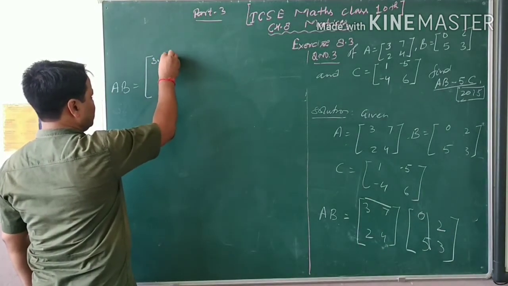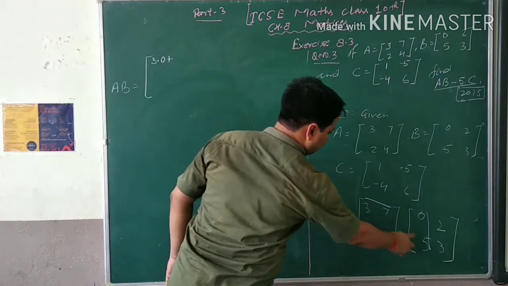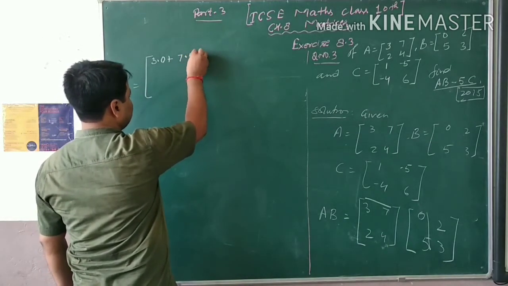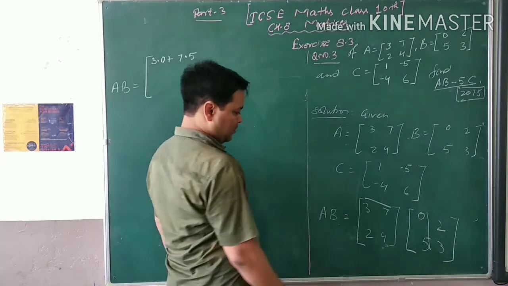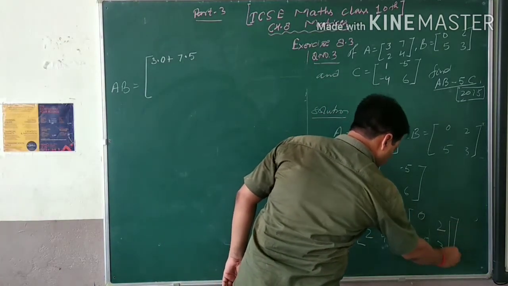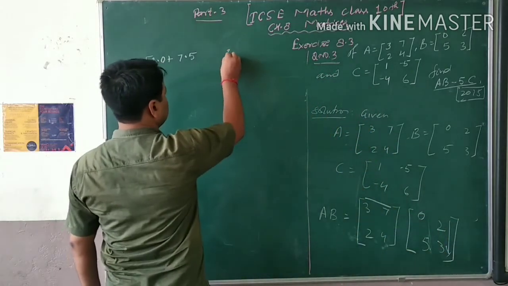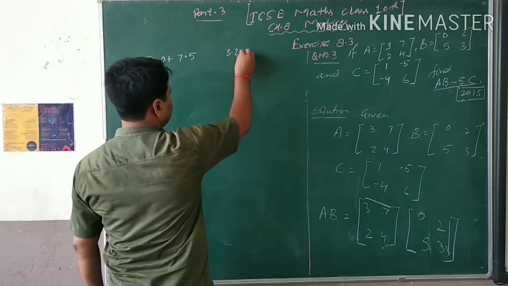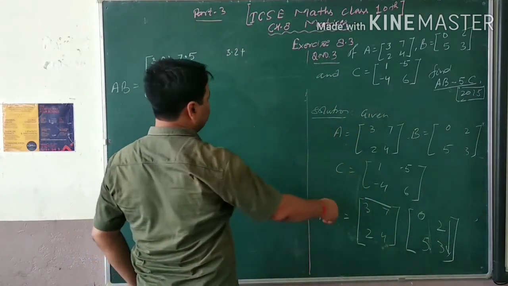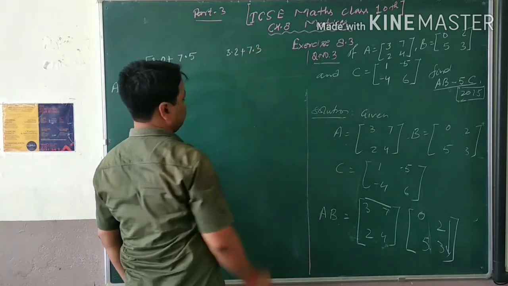Now first row and second column: 3 into 2 plus 7 into 3.